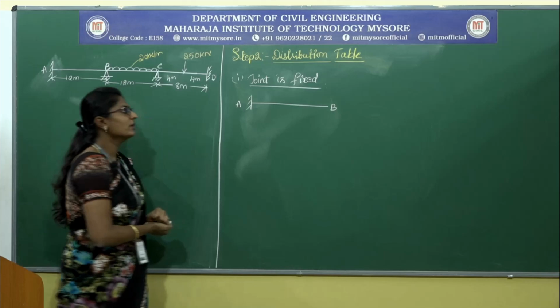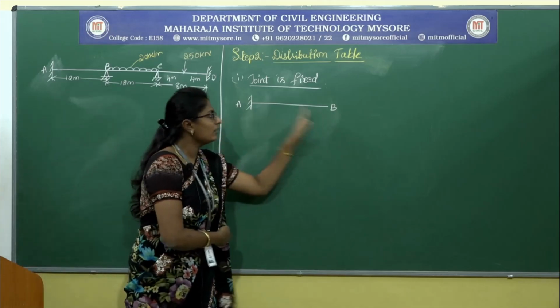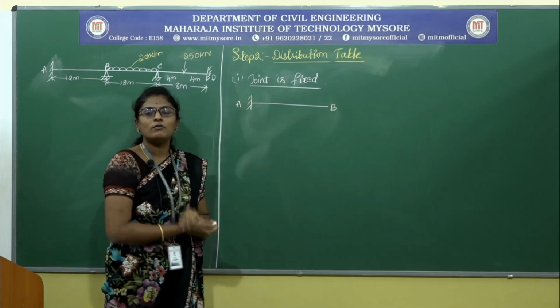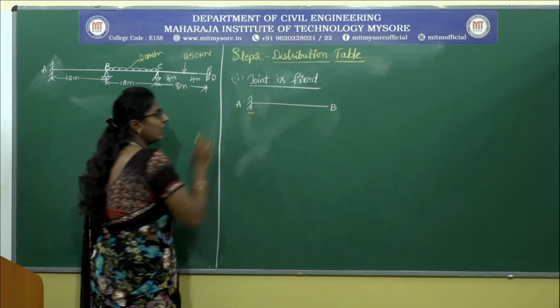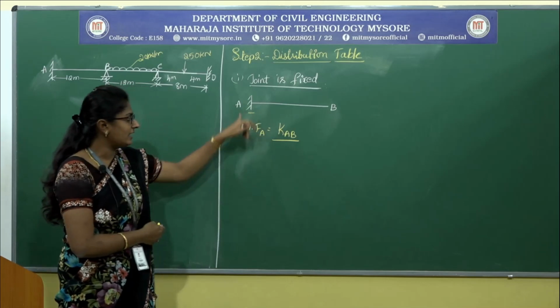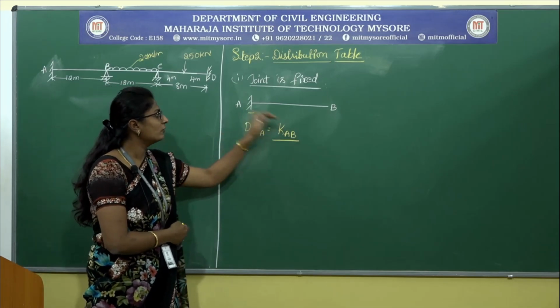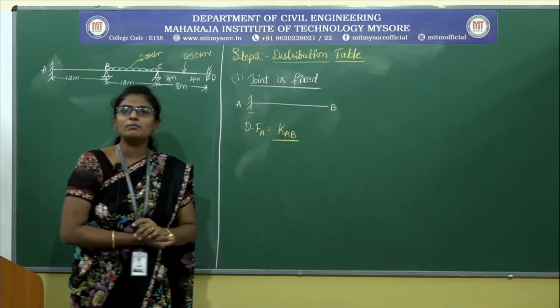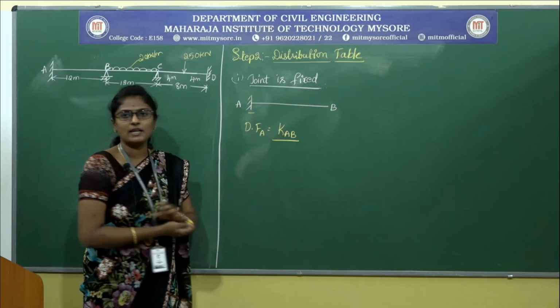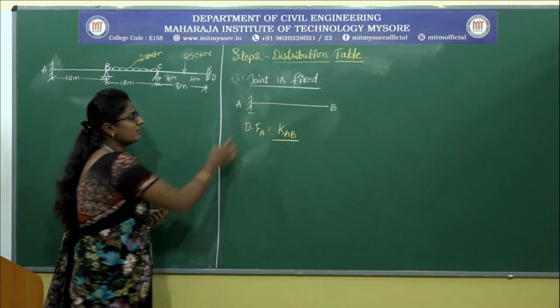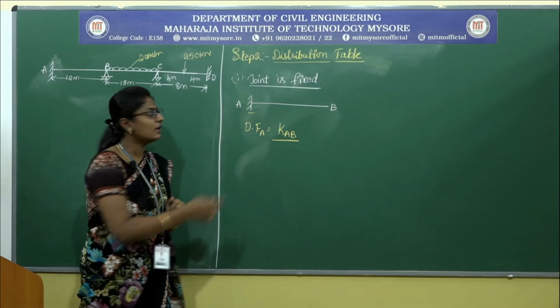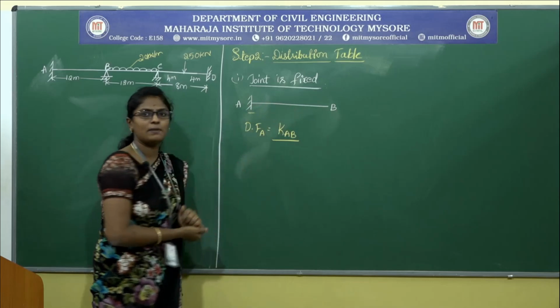AB now. For this beam of span AB, we have to calculate the distribution factor for joint A. The distribution factor at joint A is given by the stiffness of the member AB divided by the summation of the stiffness. In this particular case, since we have the fixed support, we have only one member AB.